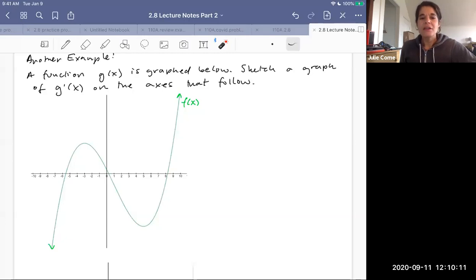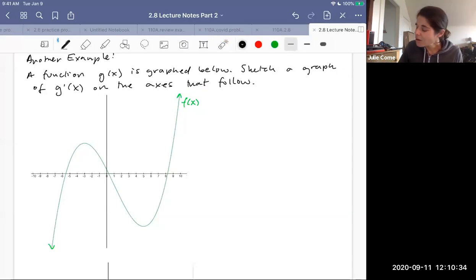Now, remember that your derivative function tells you the slopes of the lines tangent to this function. A good way to start is often to look for places where either the derivative function is not going to exist or where the derivative function is going to have a value of 0.